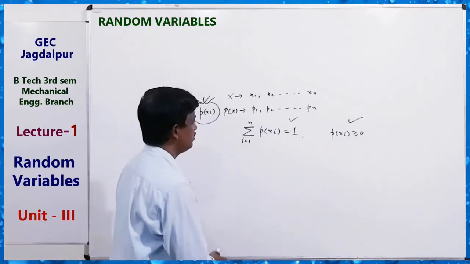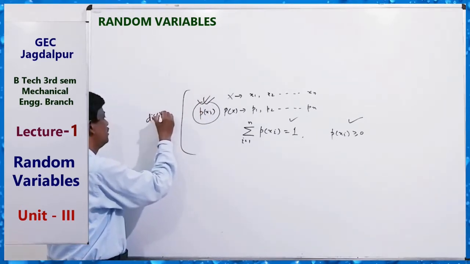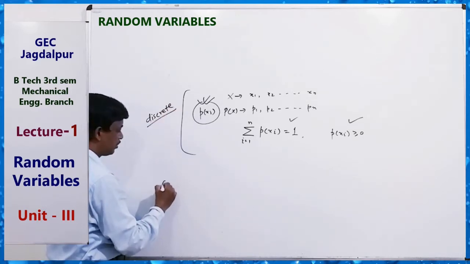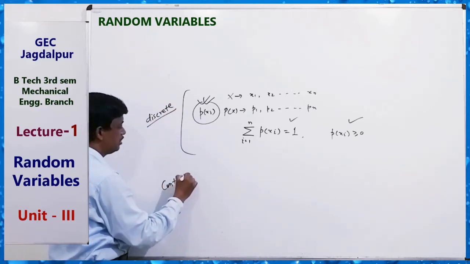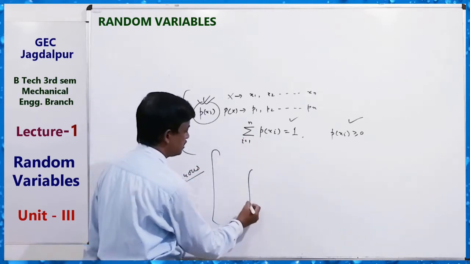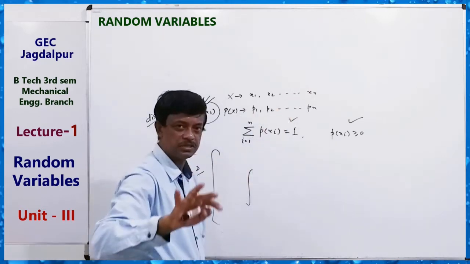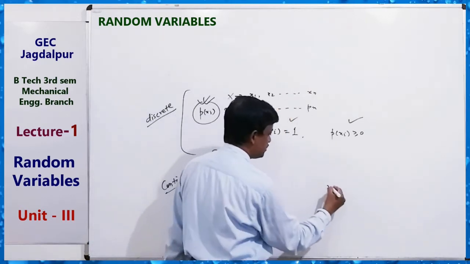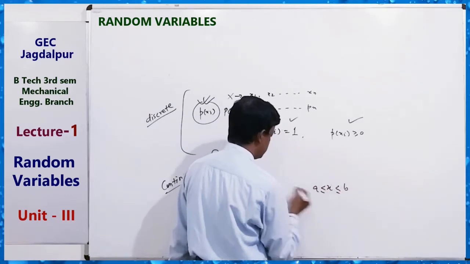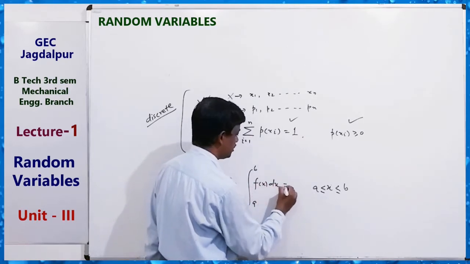This is for discrete, and this is for continuous. In place of x1 to xn, discrete values, here x lies in the interval a to b. So the integral from a to b of f(x) dx equals what?